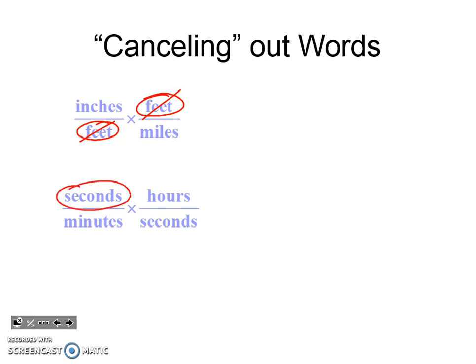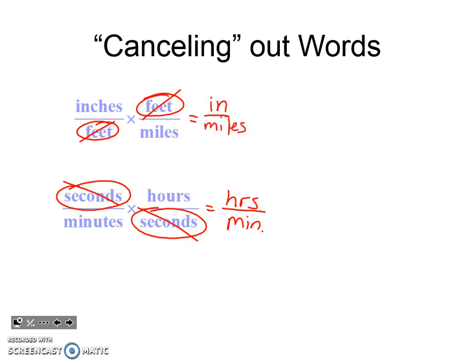Well, obviously I'm trying to get rid of the seconds, because seconds divided by seconds cancel out, and I'm left with hours over minutes. And for the one at the top, I'm left with just inches over miles.